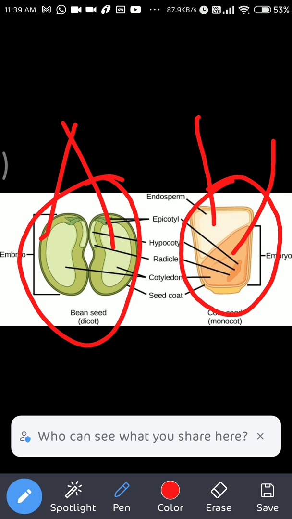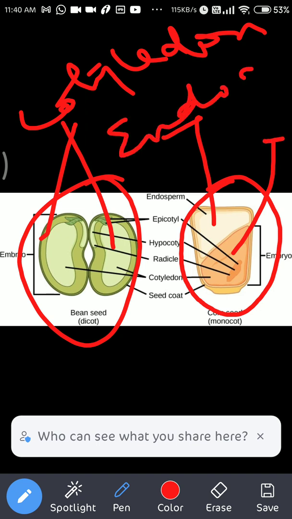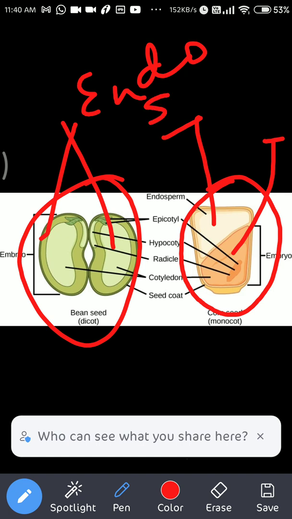Here both are cotyledons. And here this one is endosperm and this one is cotyledon. This one is endosperm.